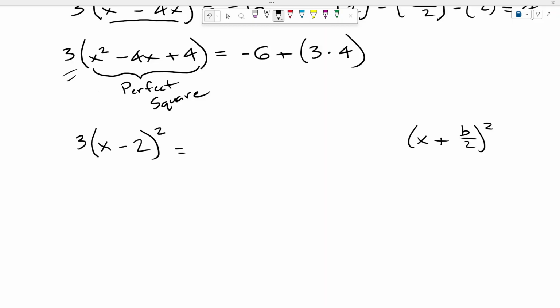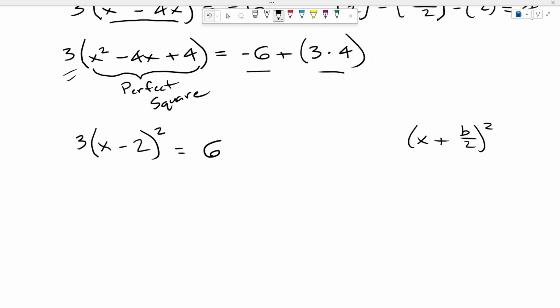And this is equal to, so now here we have negative 6 plus 12. So now we're at a positive 6. So 3 times x minus 2 squared equals 6.